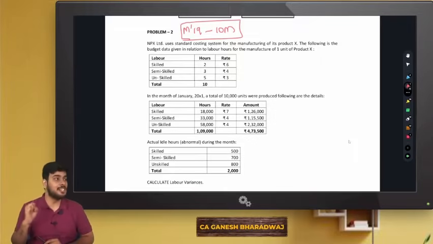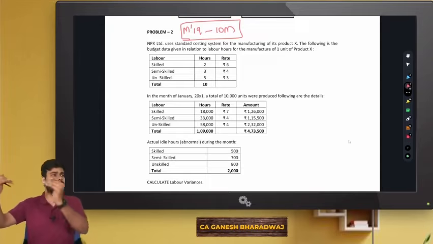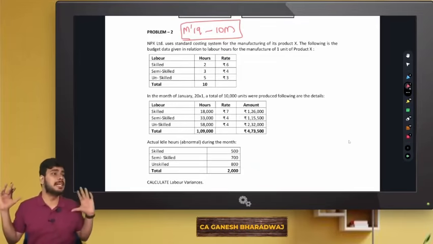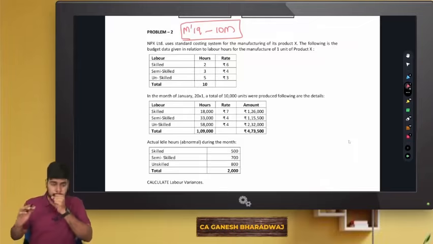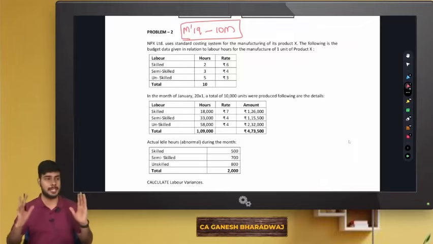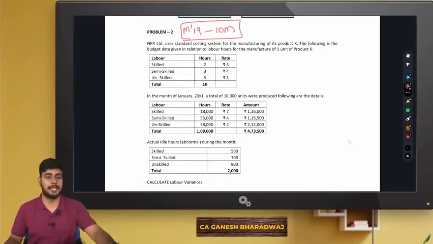Correct. So basically you need standard hours, standard rate, actual hours paid, actual hours worked, idle time. Then you need your actual rate, and then you also need your revised actual hours. Correct or not? But the revised actual hours, we will do it at the time when we are preparing the gang variance and yield variance. Is everyone clear with this? Yes, guys. So let's get started with this question.